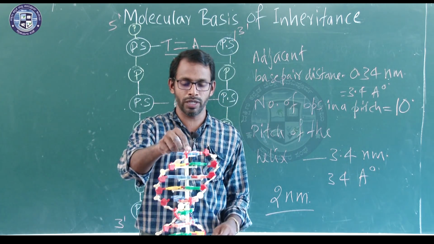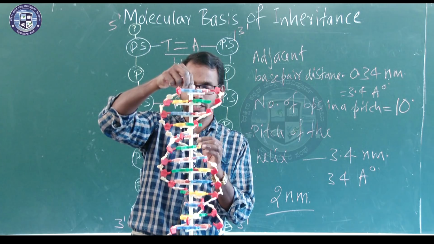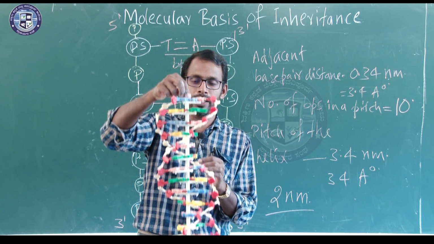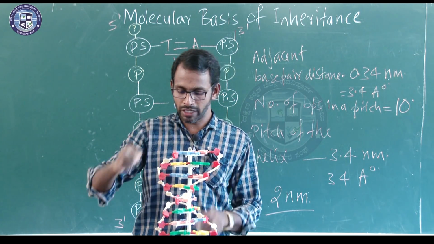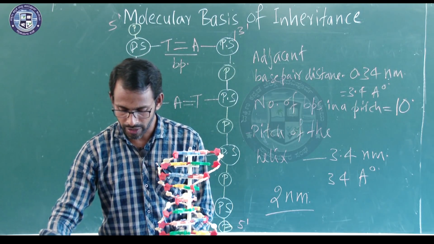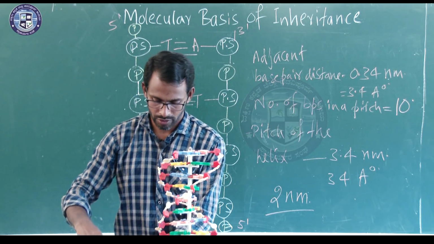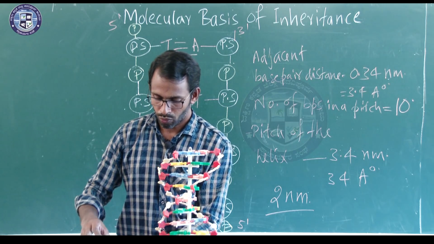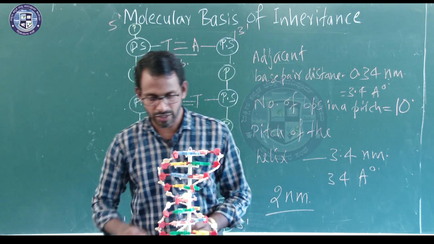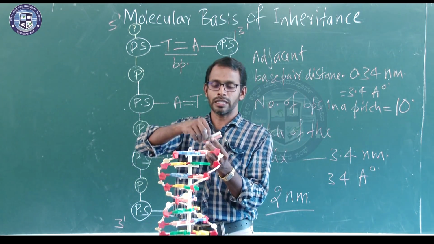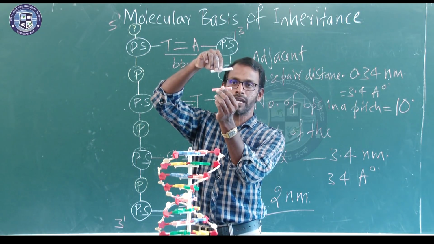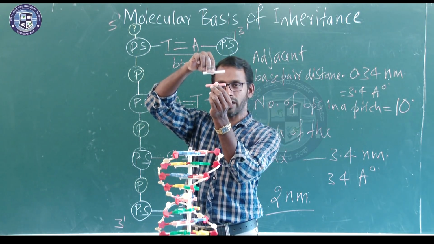And at the same time, one more aspect should be remembered here: from one base pair to the next base pair. Now here we are considering base pairs as steps of the ladder.